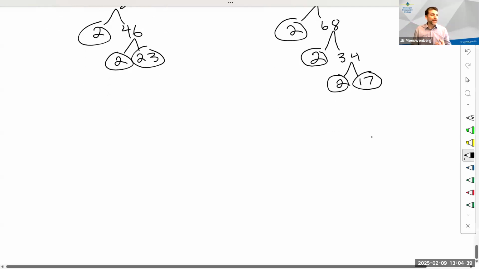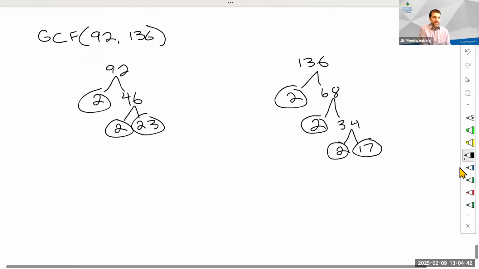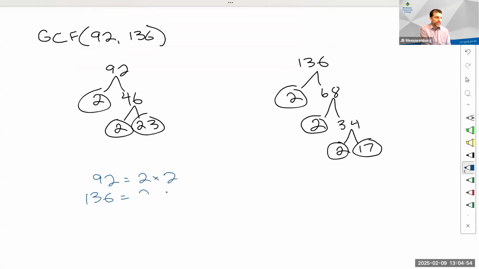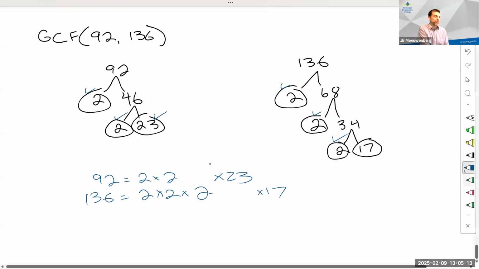I'm going to write those prime factorizations like this. So I'm going to write 92 and 136. I'll start with the 2's. 92 has 2 of them. 136 has 3 of them. And maybe we check them off as we go. And then 92 also has a 23. And 136 also has a 17. I know I didn't put those in order. That's okay. But I'm going to keep them somewhat separate.